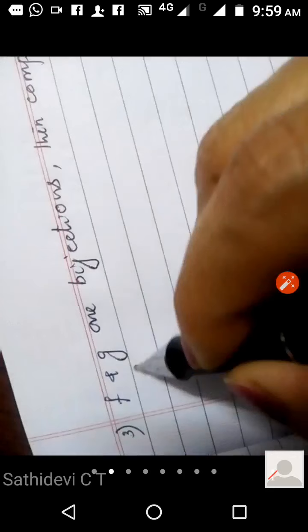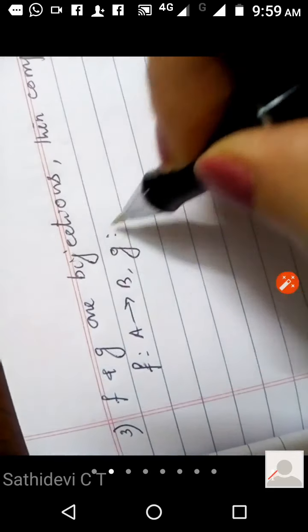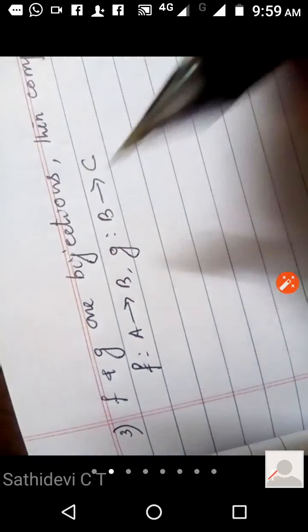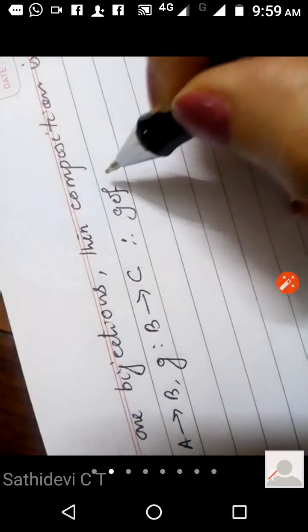So let us see. Let us take F is a function from A to B and G is a function from B to C. So that naturally G composite F is a function from A to C. It's given that these two are 1, 1 and you have to show that this is 1, 1.